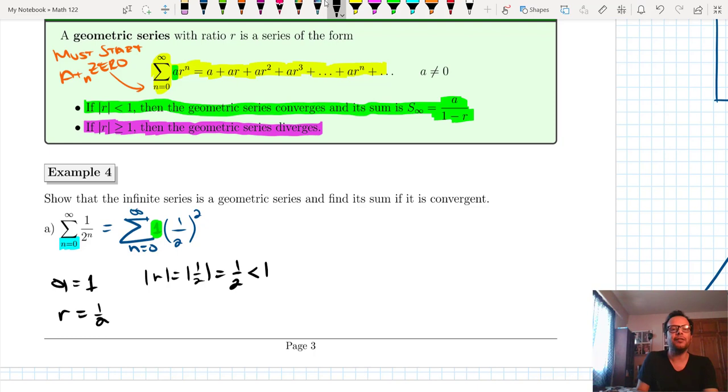So in this case, by the criteria here, we can tell that the geometric series converges.